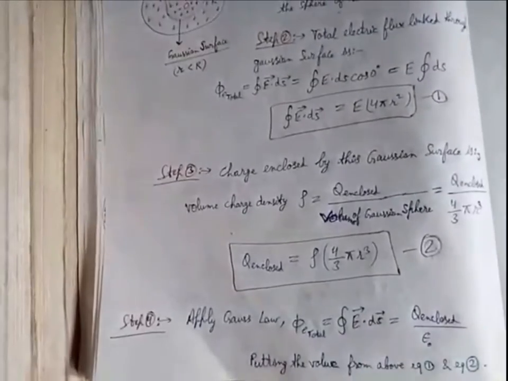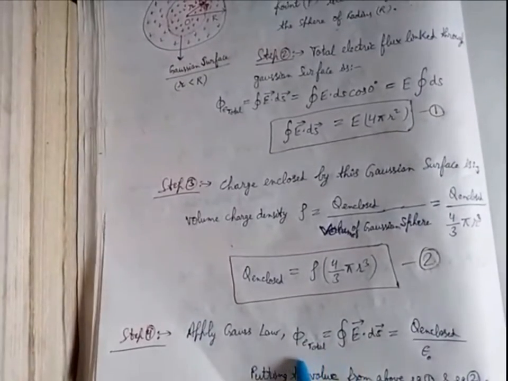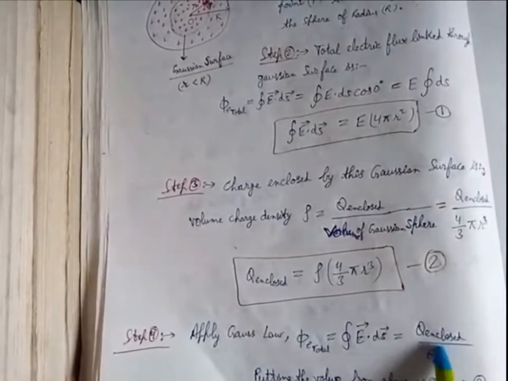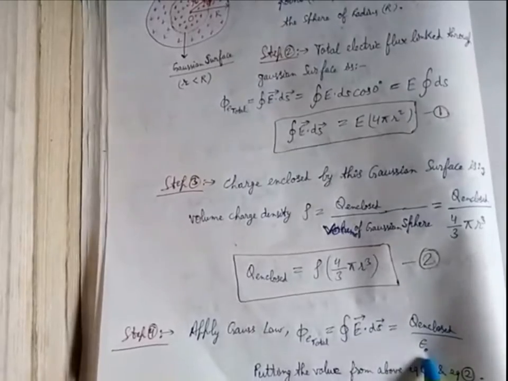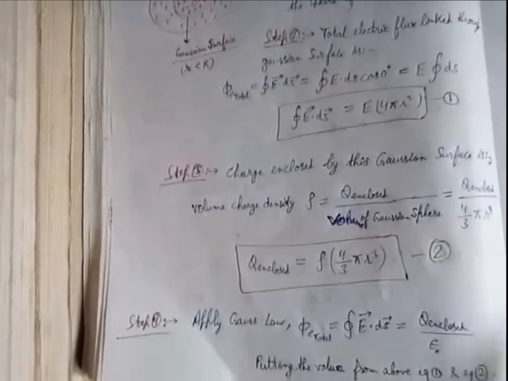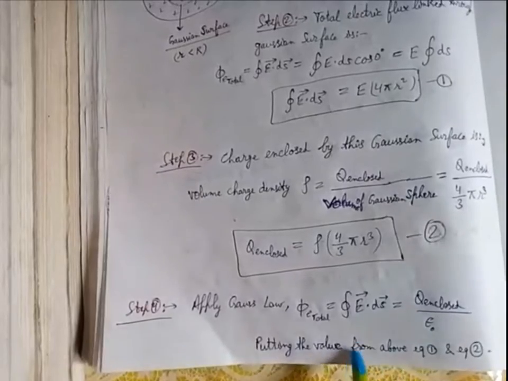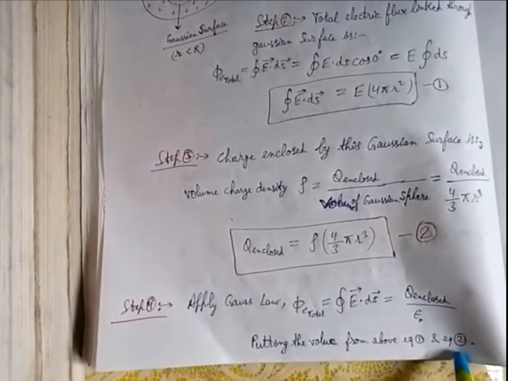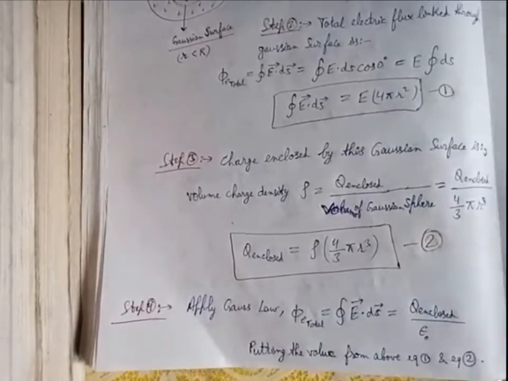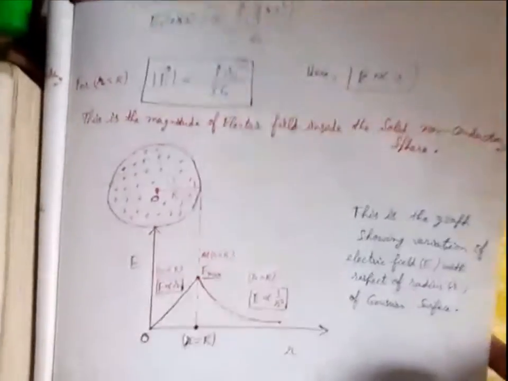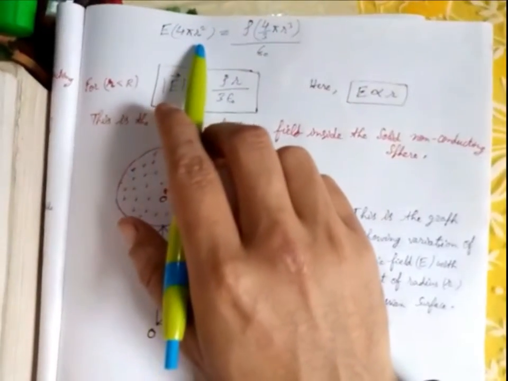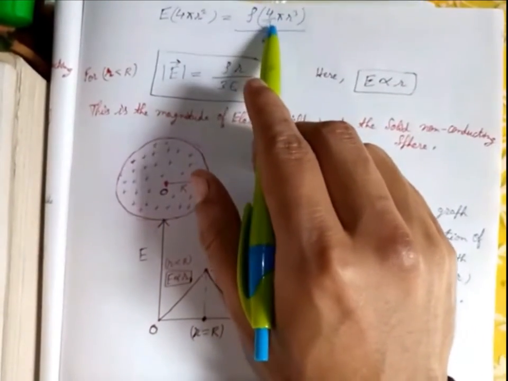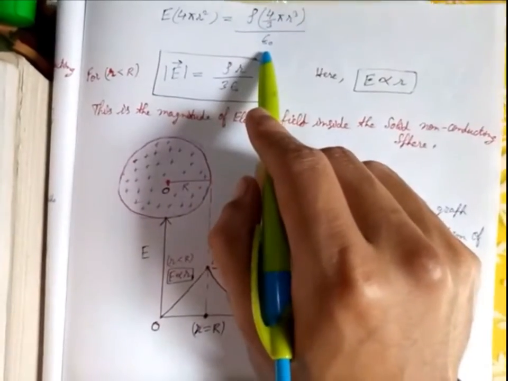Now step 4, apply the Gauss law, that is total electric flux, closed integral E dot ds, is equal to charge enclosed upon epsilon naught. Now putting the values from the above equation number 1 and 2, we get E into 4 pi small r square is equal to rho into 4 by 3 pi small r cube upon epsilon naught.